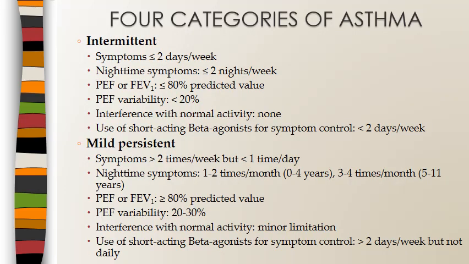So there are 4 different categories of asthma, and you do not have to memorize these categories and know the signs and symptoms underneath them. But what you do need to know is that as the categories of asthma become more severe, the symptoms occur more frequently.